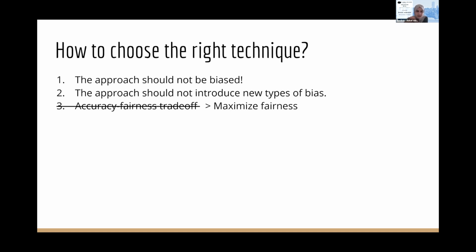So I know it's a tough decision, but it's definitely going to give you a restful night when you put your head on the pillow and say, okay, I did good today. I prioritized fairness over accuracy. And it's going to make you feel really good.